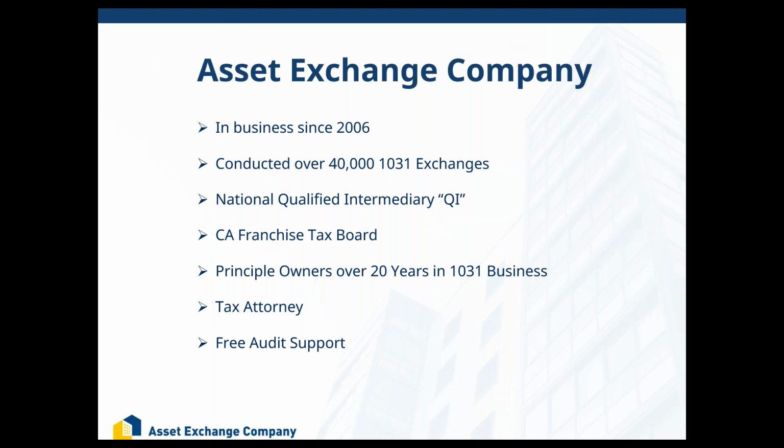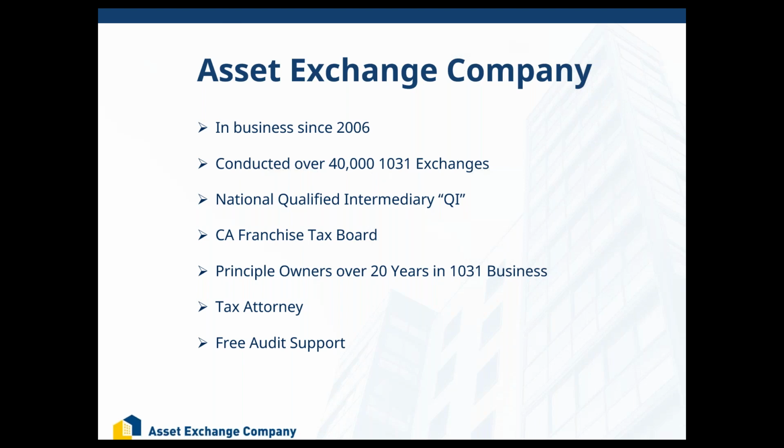Now, the great news when you deal with us is that we're based out of California. Our home office is in San Francisco, and because we're California based, the state has an agency called the California Franchise Tax Board. That Franchise Tax Board oversees qualified intermediaries in the state of California.